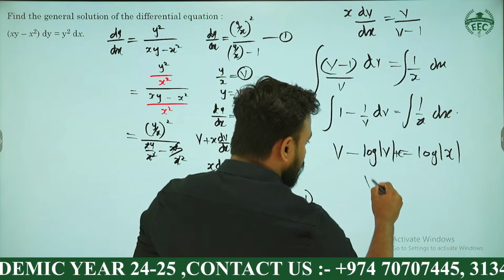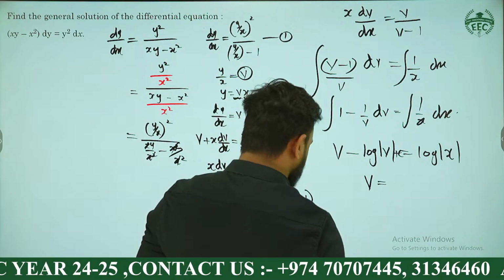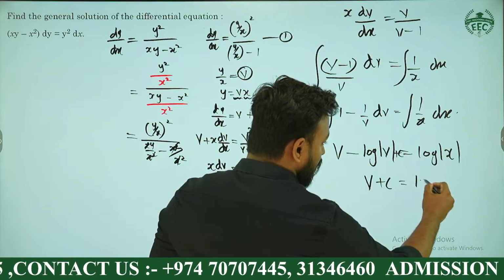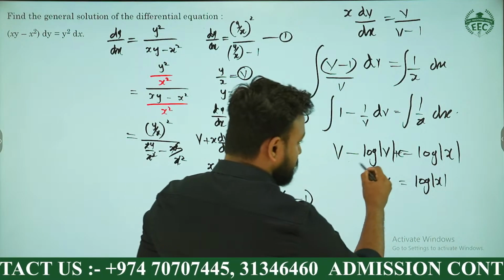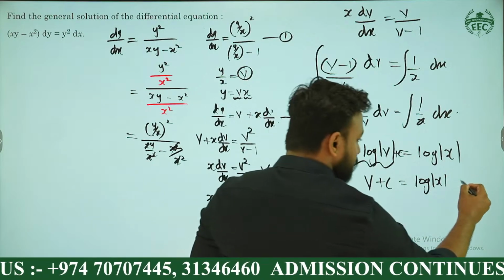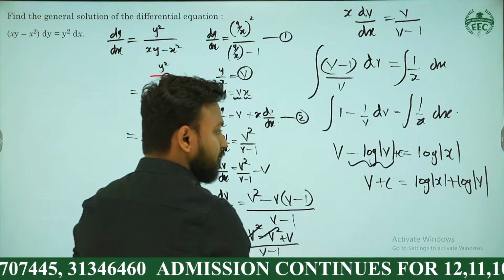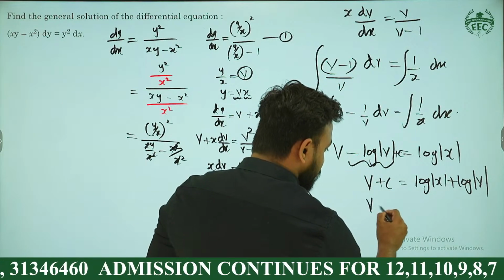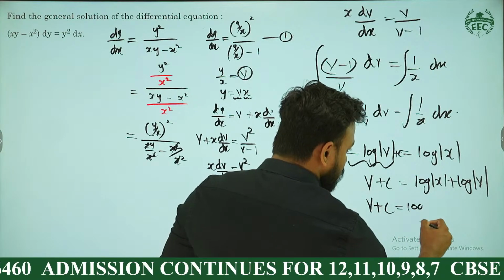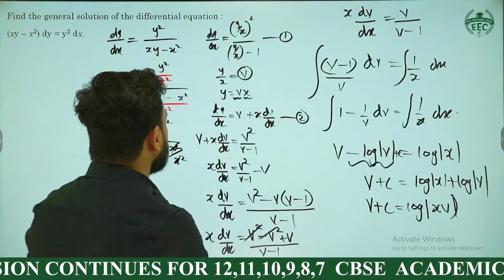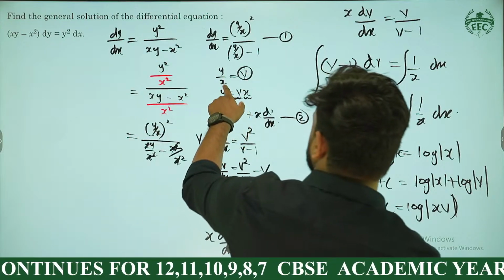Here you can see v plus c is equal to log mod x, and this negative log v goes to the right side and becomes positive log v. Then what happens? v plus c is equal to log x into v, and I'm going to replace that v with y by x.